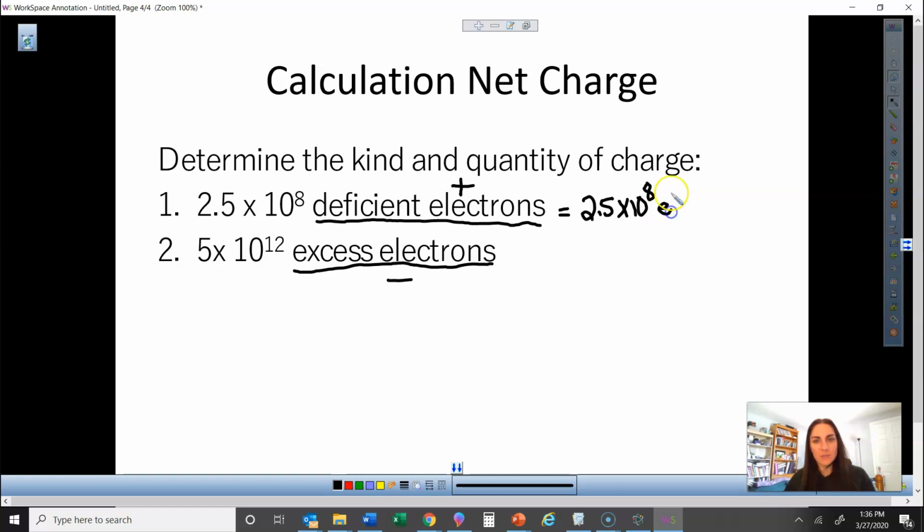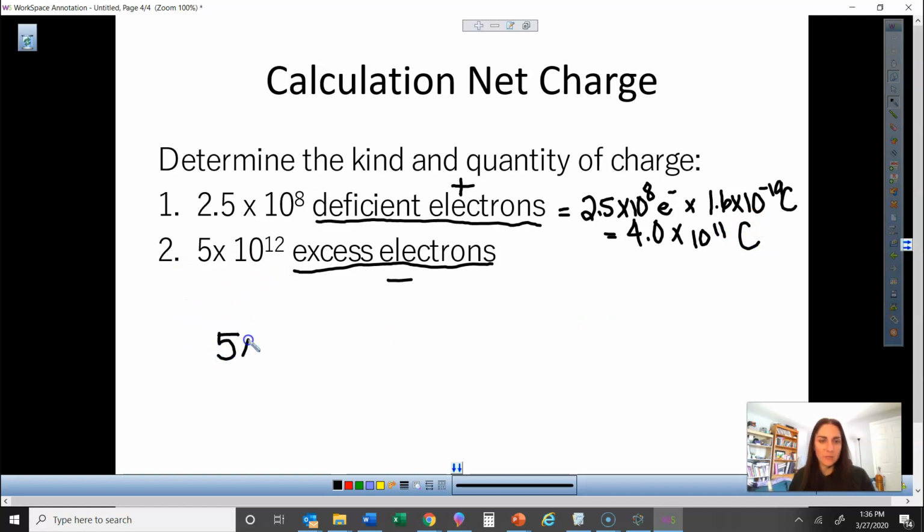I have that many electrons times 1.6 times 10 to the negative 19 coulombs of charge. Okay, and when you do that, you get 4.0 times 10 to the 11 coulombs of charge.